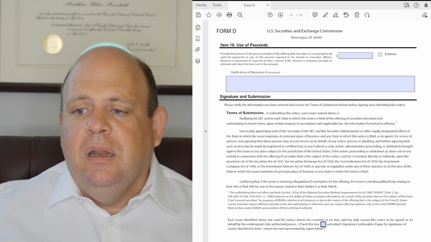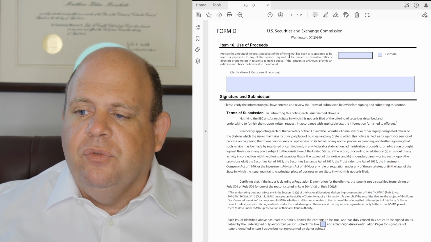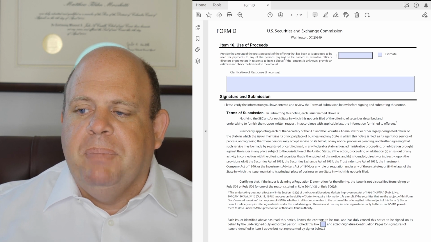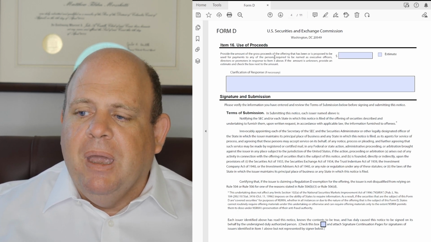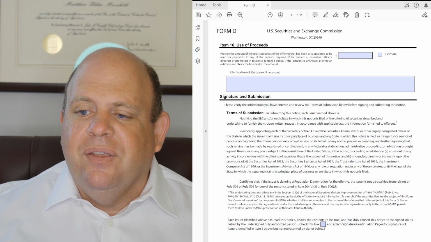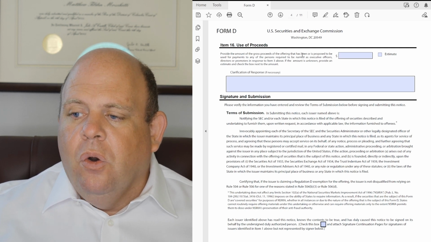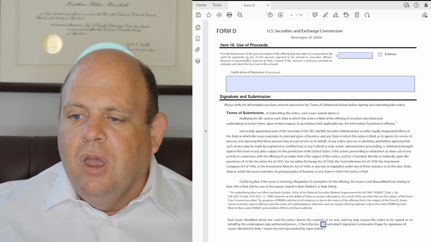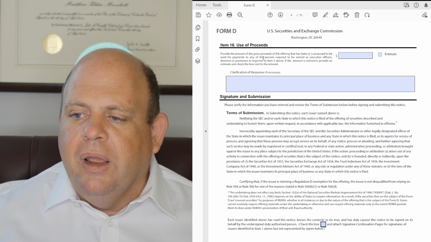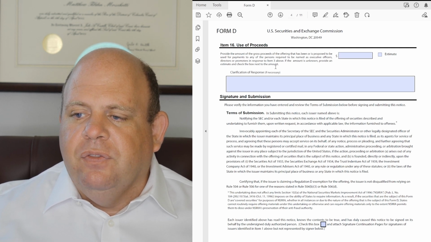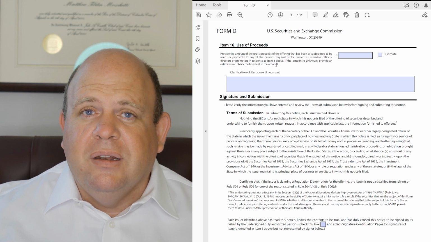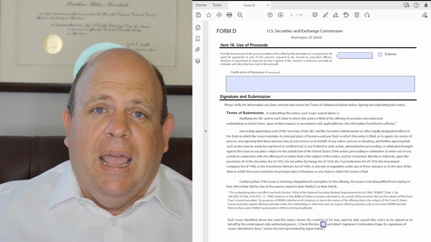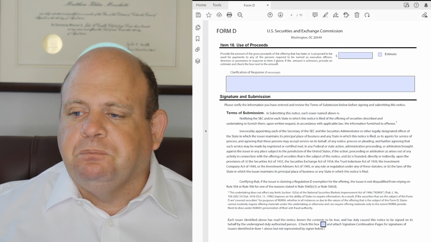Item 16, use of proceeds. This is really the amount that's being used to pay you. And this is the amount that's being paid to you typically as an acquisition fee or as a marketing fee. So it is used for payments to these persons, to market the security, and a lot of times that will also be counted as the acquisition fee.